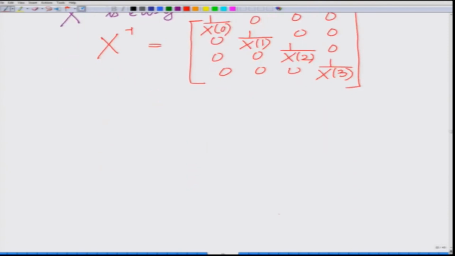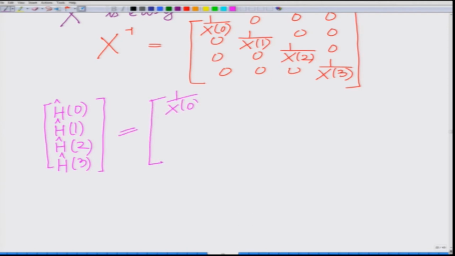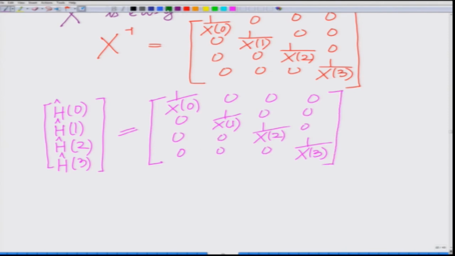This is your diagonal matrix, and therefore, if I look at h hat, the estimate of the vector h hat, that is h hat 0, h hat 1, h hat 2, h hat 3, this is simply x inverse, that is 1 over x 0, 1 over x 1, 1 over x 2, 1 over x 3, zeros, times the symbol vector received across the subcarriers, that is y bar, which is y 0, y 1, y 2, y 3.